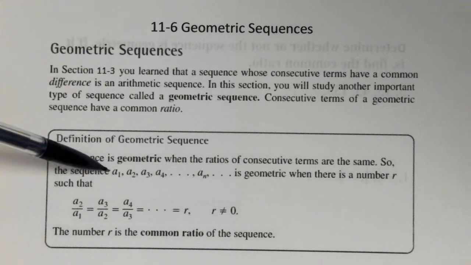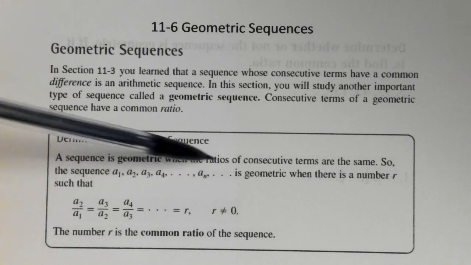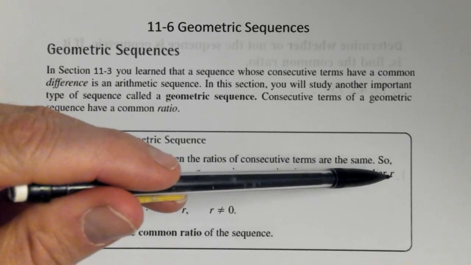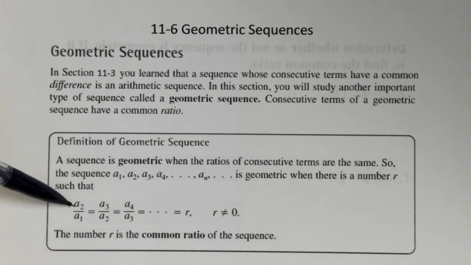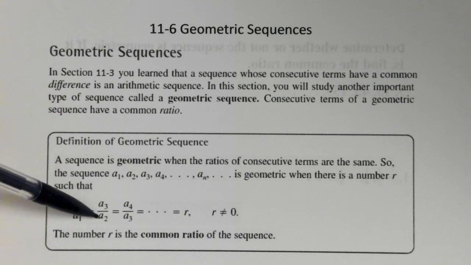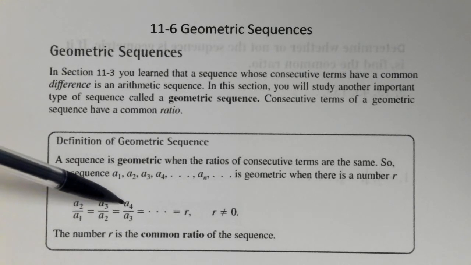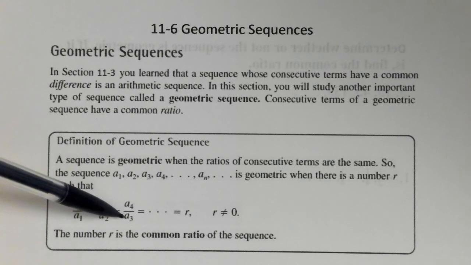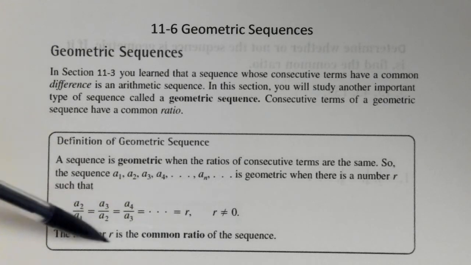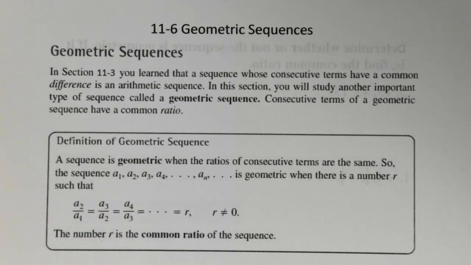If it's geometric, then there has to be a number r, the ratio, such that a sub 2, the second term divided by the first term, equals the third term divided by the second term, equals the fourth term divided by the third term, and so on. They should all be the same, and that's your ratio. So r is the common ratio of the sequence.